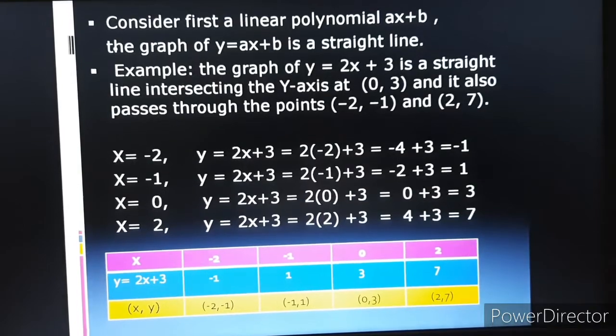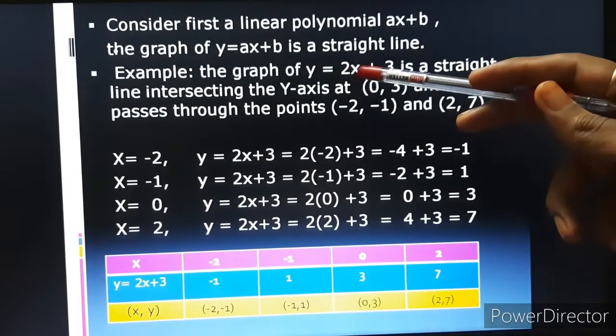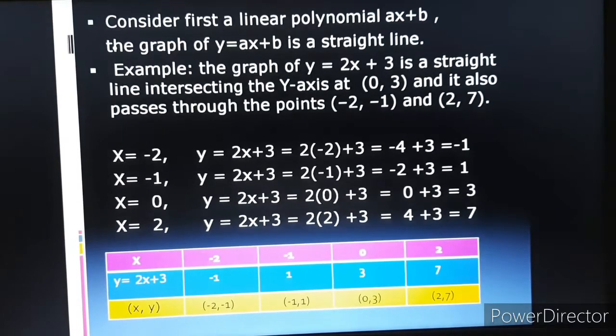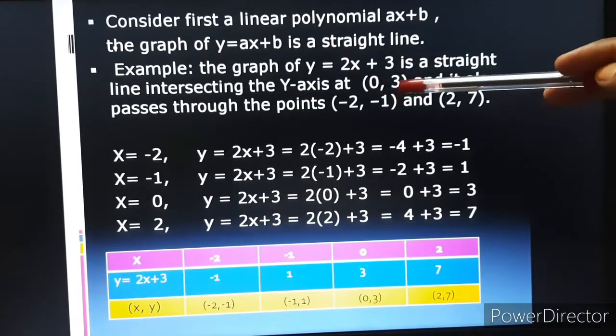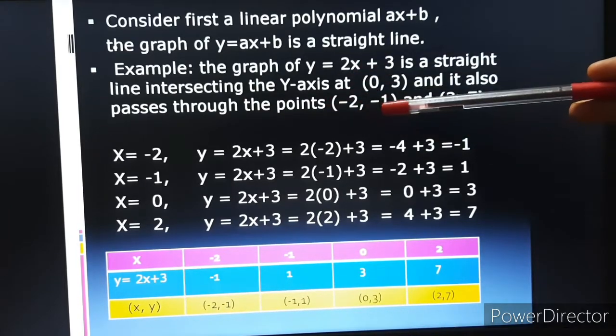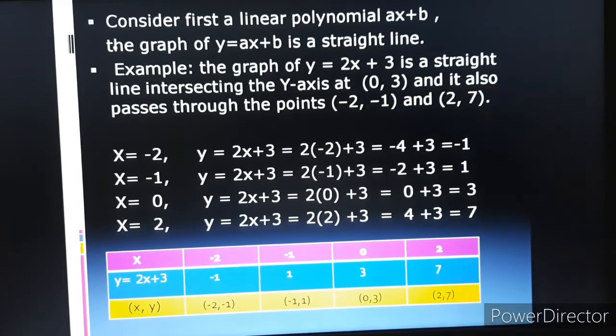So once again, y equals 2x plus 3 is a straight line intersecting the y-axis at (0, 3), and it also passes through the points (-2, -1) and (2, 7).